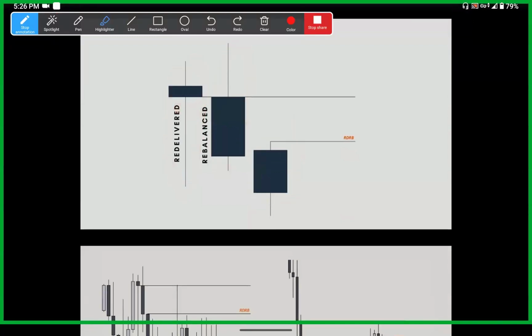So most of the time the first candle makes a wick down, the second candle makes a bigger body, and the third candle continues. So this gap that remains, starting from this close up to this high of the third candle, this is what we call redelivered rebalanced.